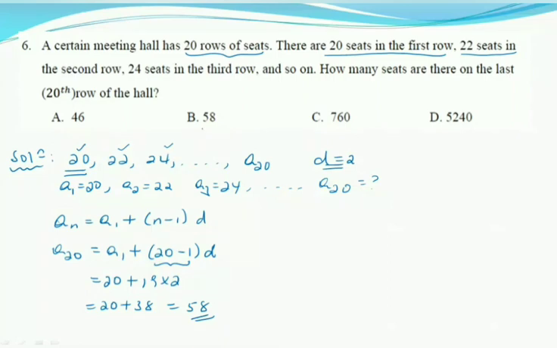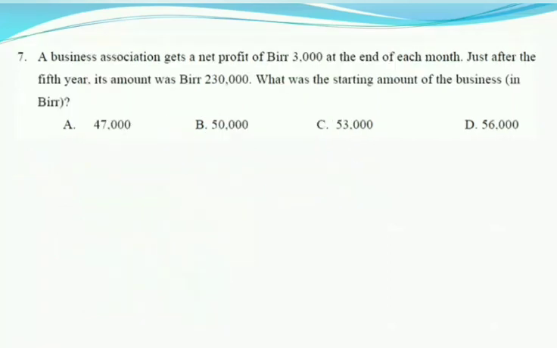A business association gets a net profit of birr 3,000 at the end of each month. So here there is a certain business association which is earning 3,000 every month. Just after the 5th year, the total amount this business association has is 230,000 birr.